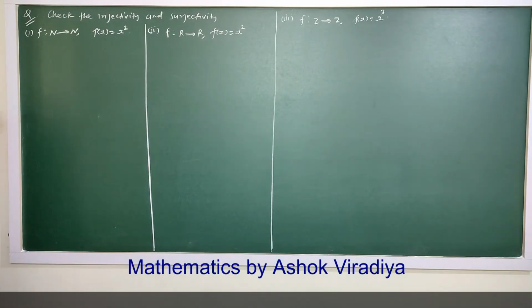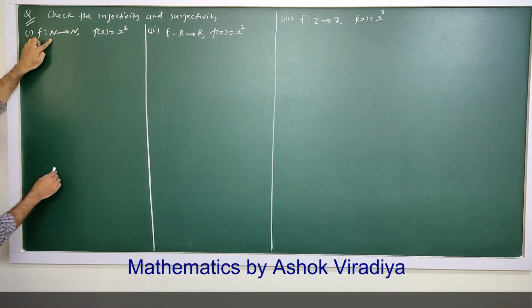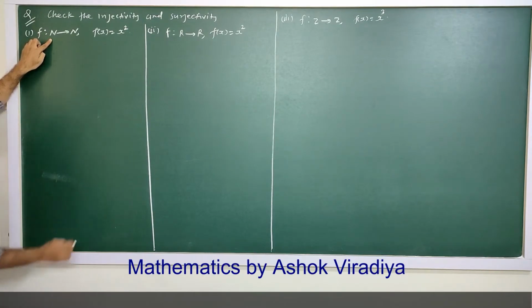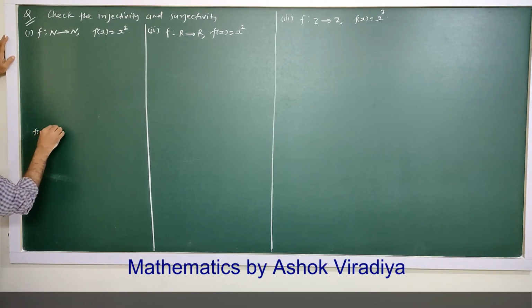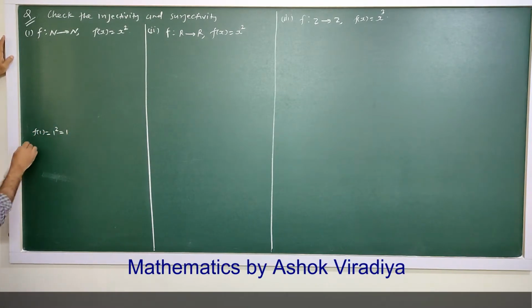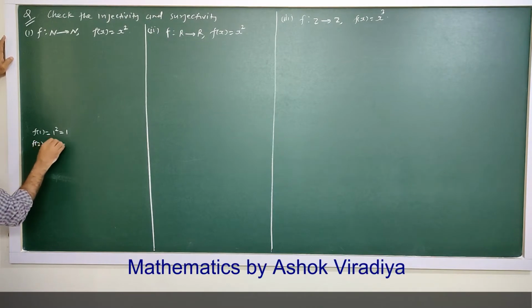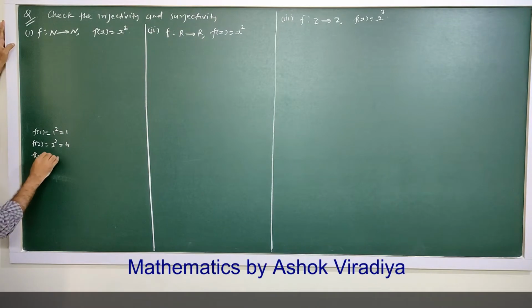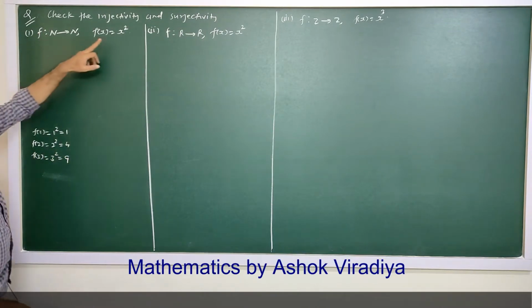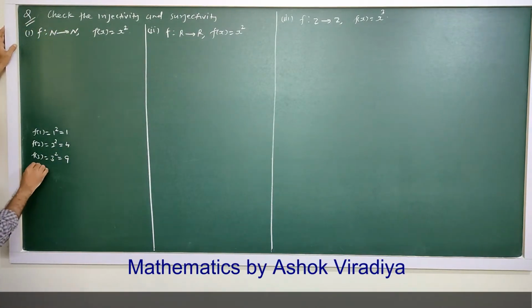If the domain is N and we keep 1, then the image of 1 is 1 square, that is 1. The image of 2 is 2 square, that is 4. The image of 3 is 3 square, that is 9. If we keep 4, the image of 4 is 16.